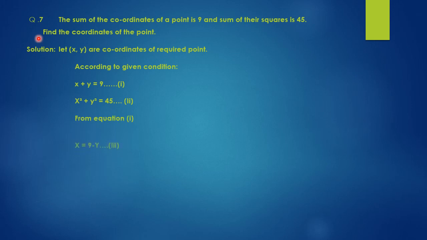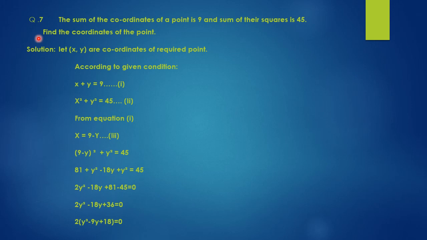From equation number 1, x is equal to 9 minus y, equation number 3. Putting the value of x in equation number 2, which is x square plus y square is equal to 45. 9 minus y whole square plus y square is equal to 45. 81 plus y square minus 18y plus y square is equal to 45. 2y square minus 18y plus 81 minus 45 is equal to 0. 2y square minus 18y plus 36 is equal to 0.